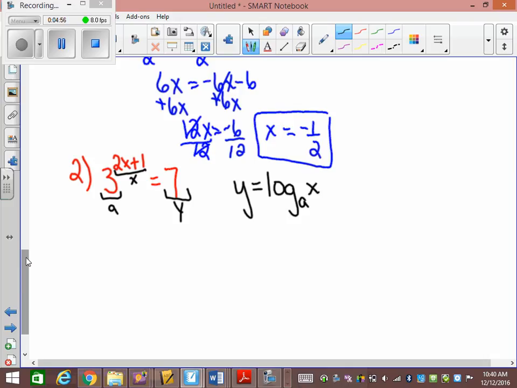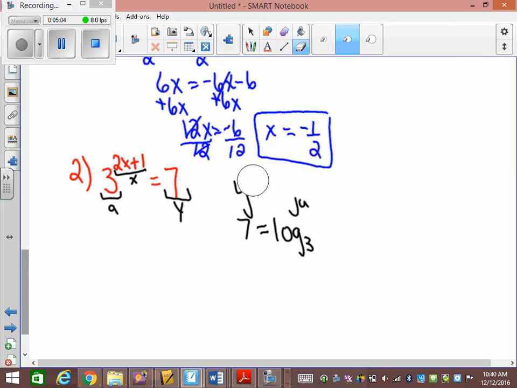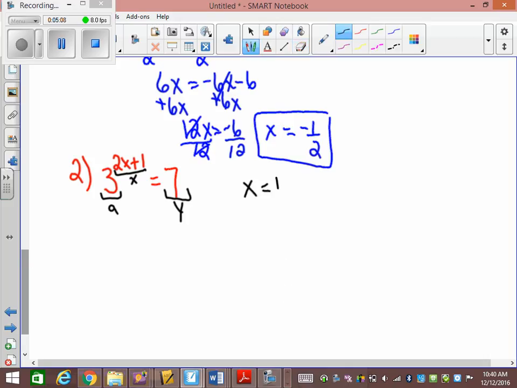So you're going to have 7 equals log base 3... Something is wrong. I didn't write the formula right. x equals log base a of y. Sorry. It needs to be by itself, and it's not right now. Okay. So it's going to be 2x plus 1 equals log base 3 of 7.